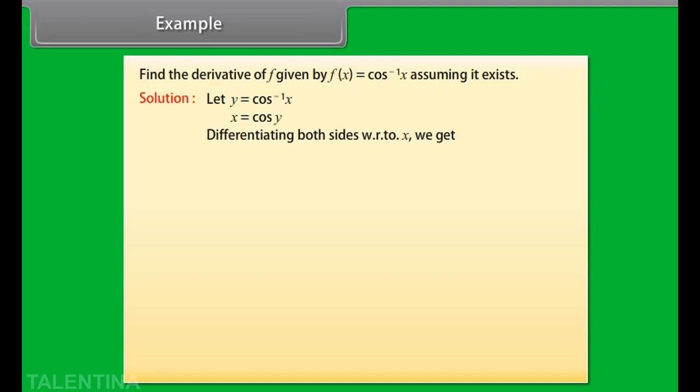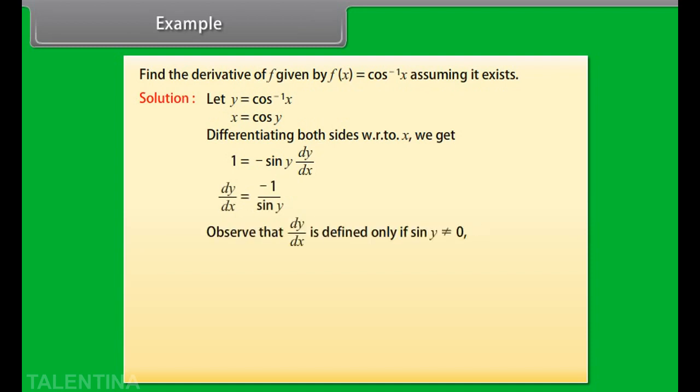Differentiating both sides with respect to x, we get 1 is equal to minus sin y into dy by dx. dy by dx is equal to minus 1 by sin y. Observe that dy by dx is defined only if sin y not equal to 0. That is, y belongs to (0, pi).